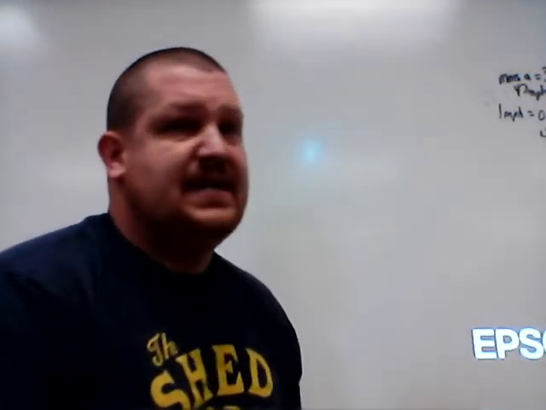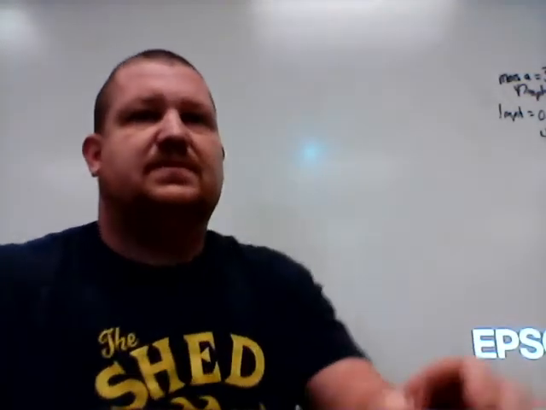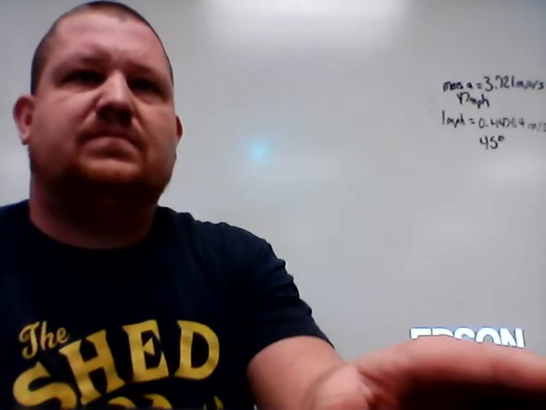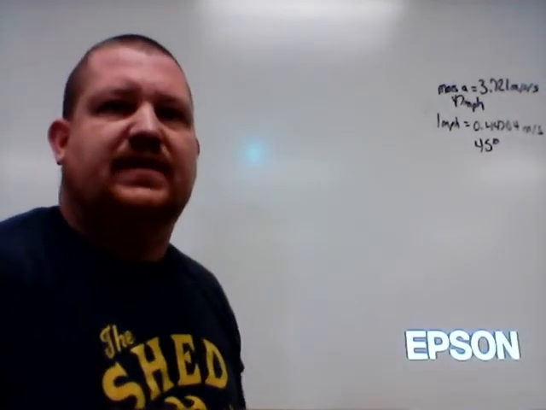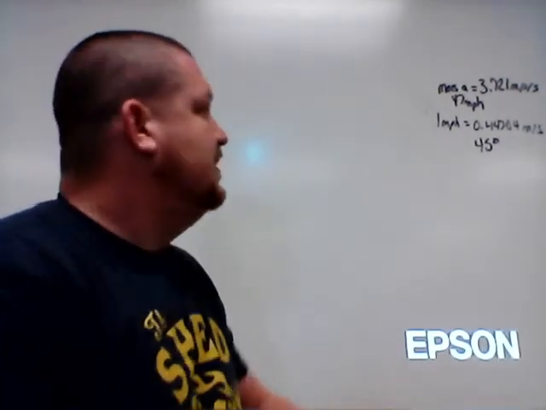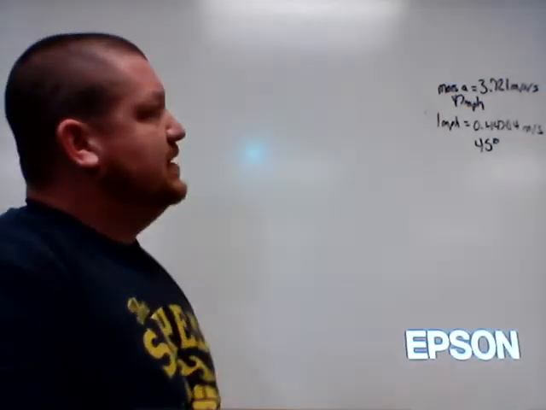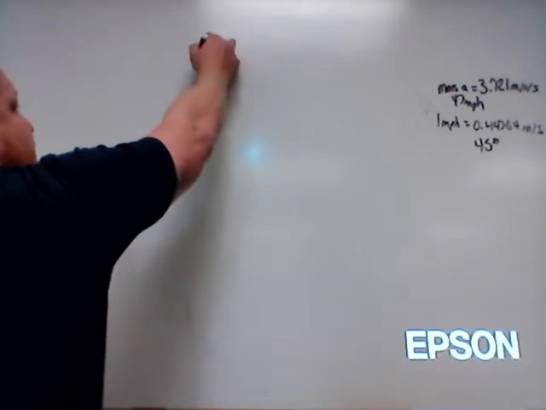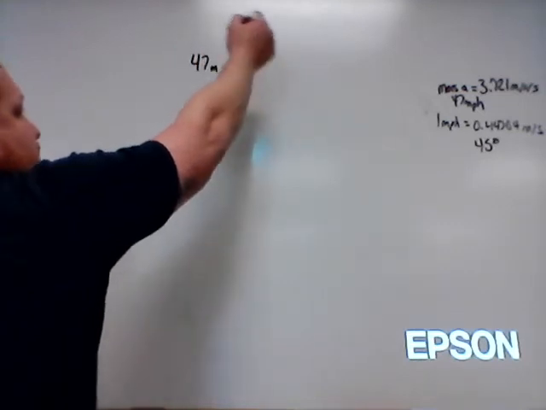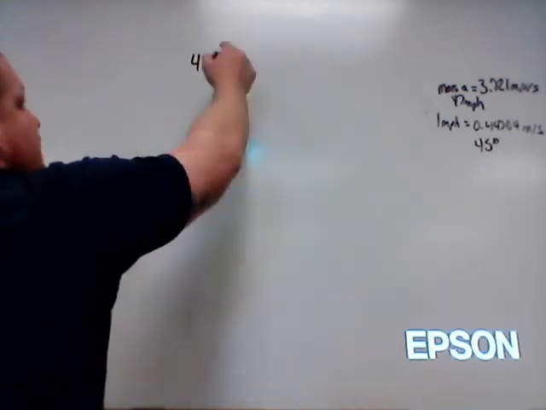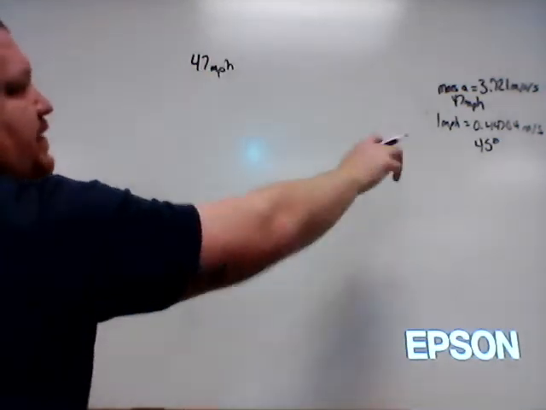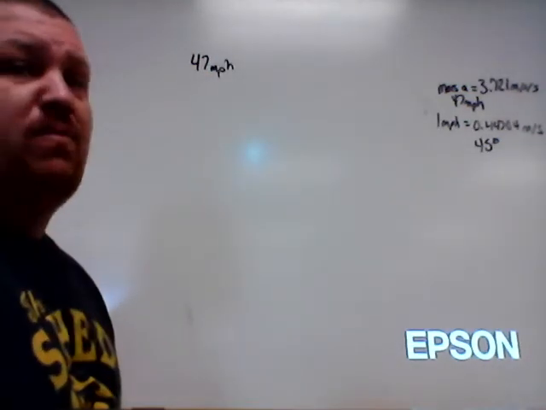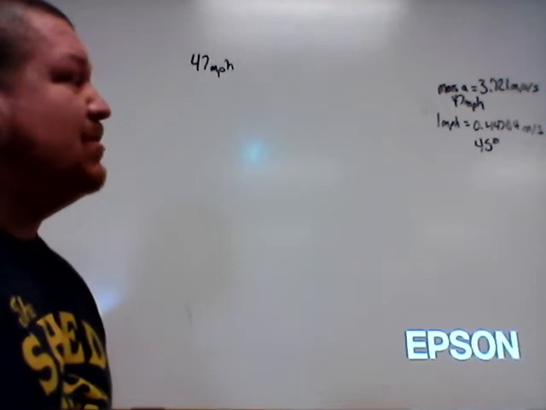Right. So first thing, let's get rid of this. Whoops. I don't know if you can read that. That looks pretty bad. So let's get rid of the miles per hour and get it into meters per second. So if we have 47 miles per hour, for every mile per hour is 0.44704.